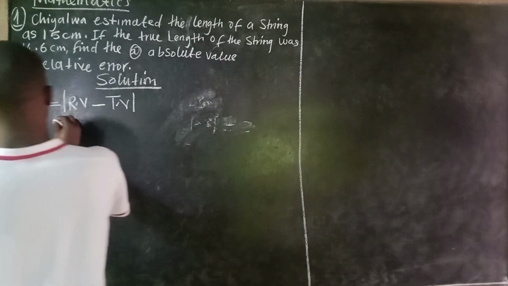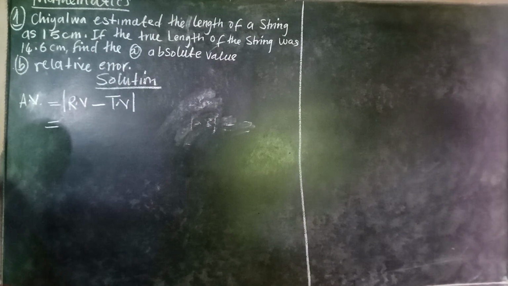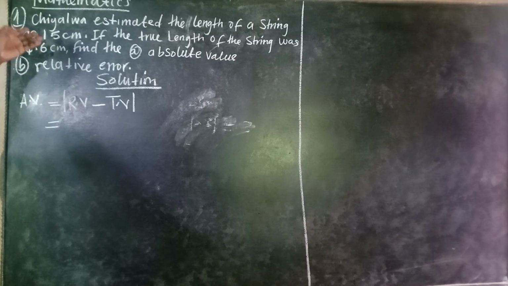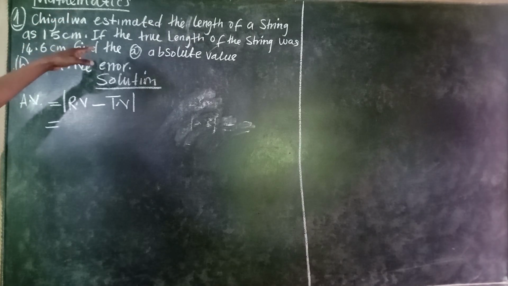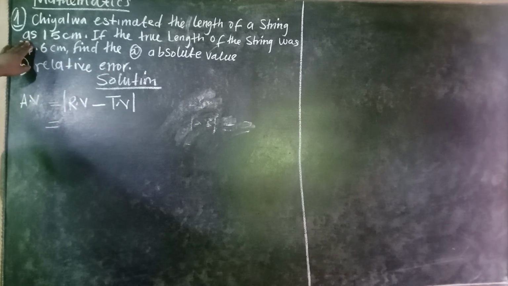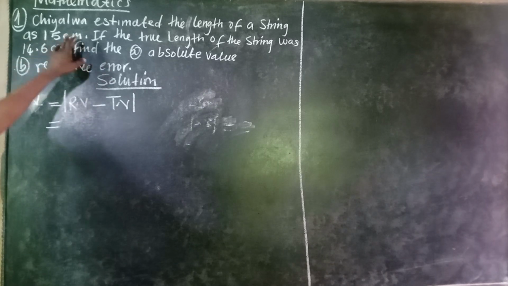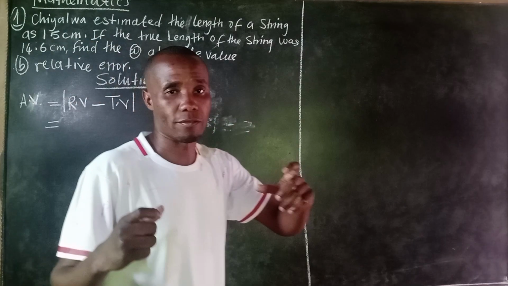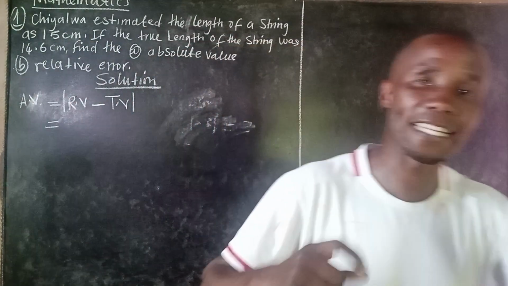So here now we can go on by substituting the recorded value that we have. When we go back to the statement that we have, they are saying Chialwa estimated the length of a string as 15 centimeters. So that estimation is the recorded value, okay, because it was just an estimation.